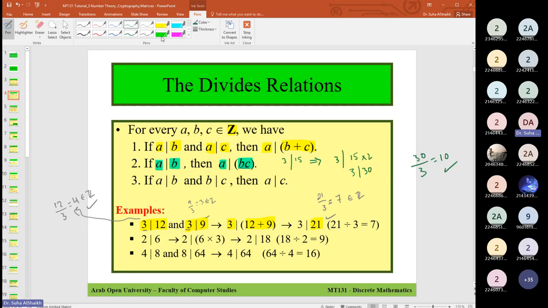So here we have this example: 2 divides 6, correct because 6 over 2 is 3. Then 2 will divide 6 multiplied by 3, for example, which is 18, and that's correct. 2 is dividing 18 because 18 over 2 is equal to 9. Okay?